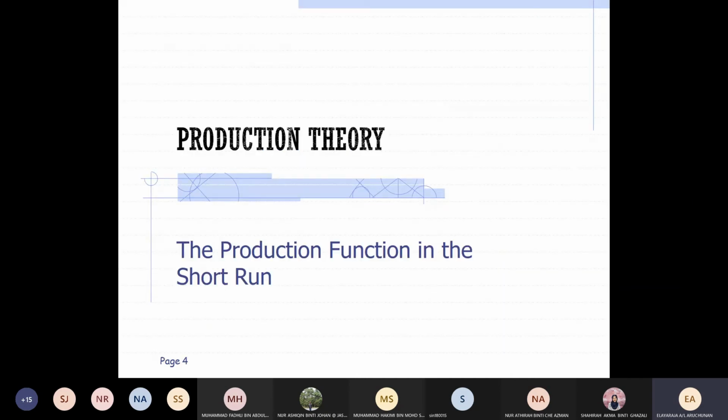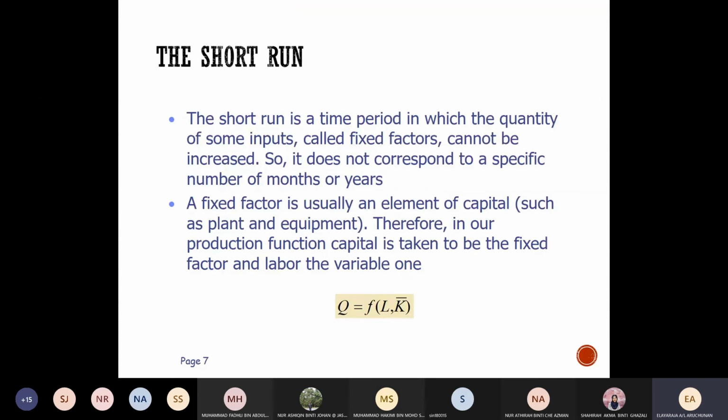Now we move to the production function in the short run. What does short run mean? The short run is the time period in which the quantity of some input is a fixed factor, so please underline the words. A fixed factor means unchanged.